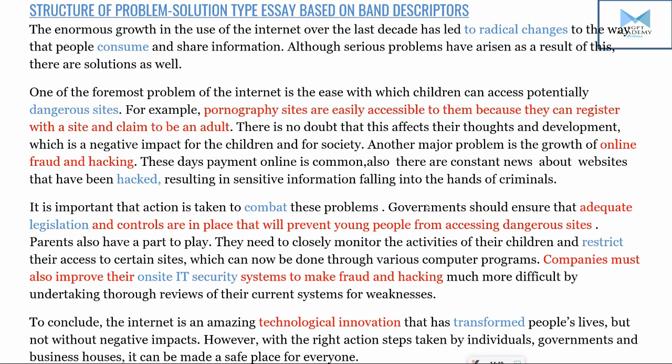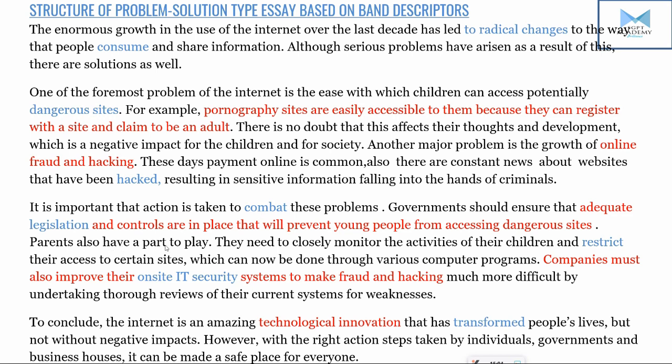Government should ensure that adequate legislation and controls are in place that will prevent young people from accessing dangerous sites. So the solution comes from the government side, and legislation. These two are valid points to combat the issue. Combat has been given as a lexical resource.